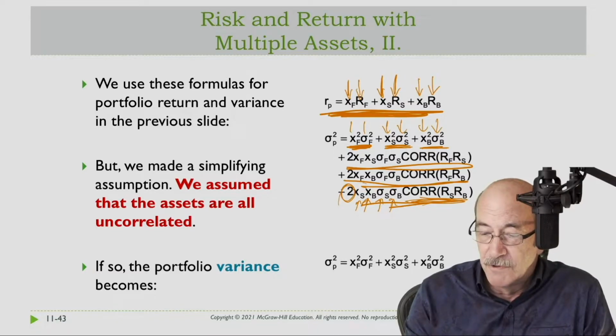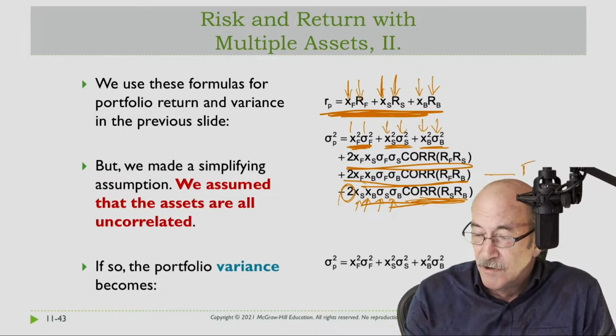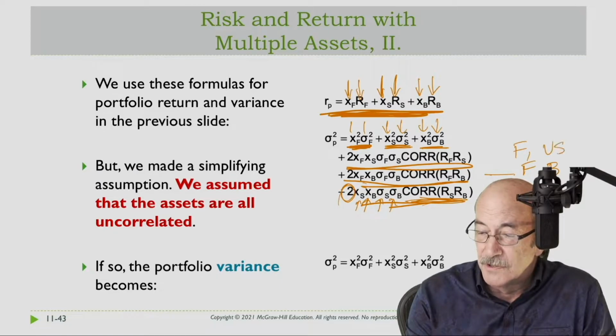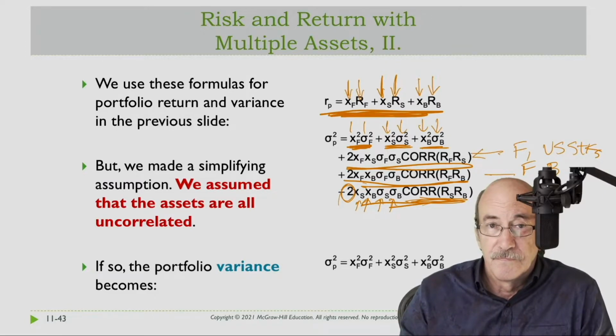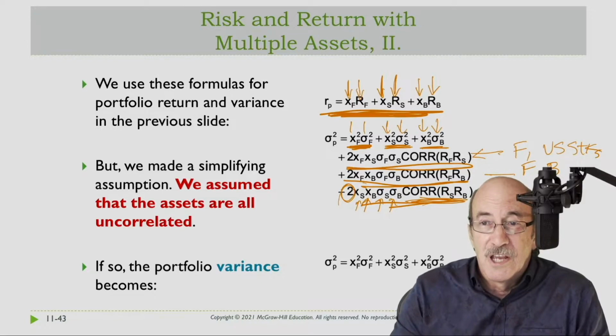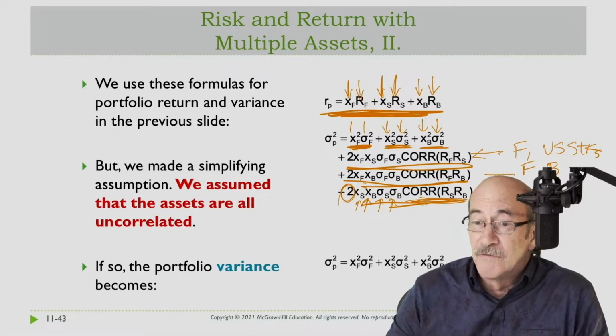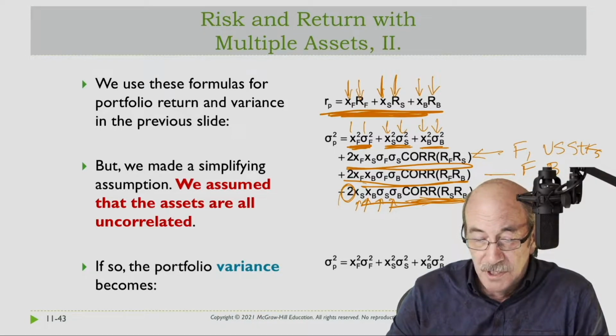And likewise, this one is foreign stocks and U.S. bonds, and then this first one is foreign stocks and U.S. stocks. So here I actually have 6 terms in that variance of the portfolio calculation. So it gets a little ugly.